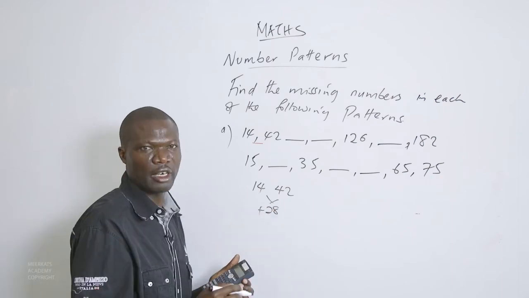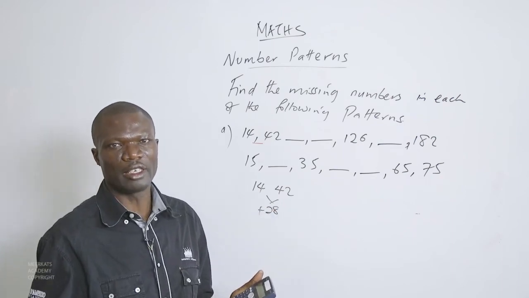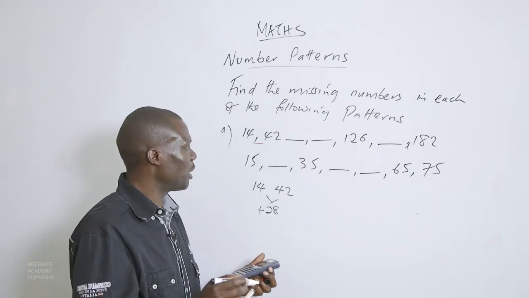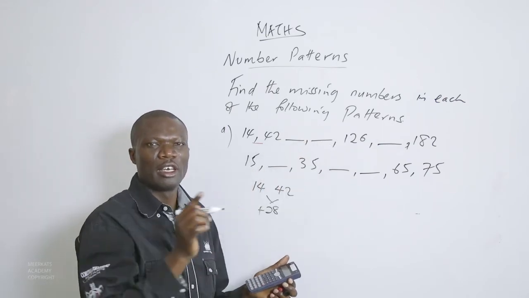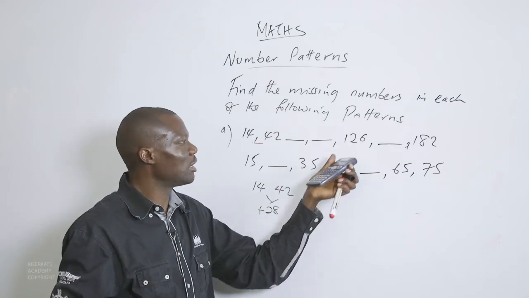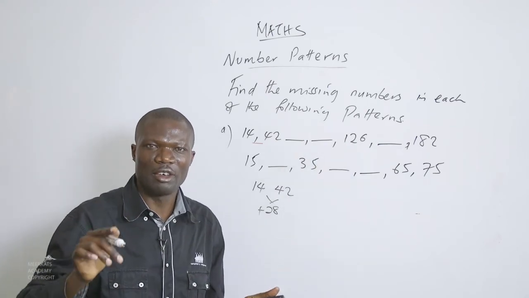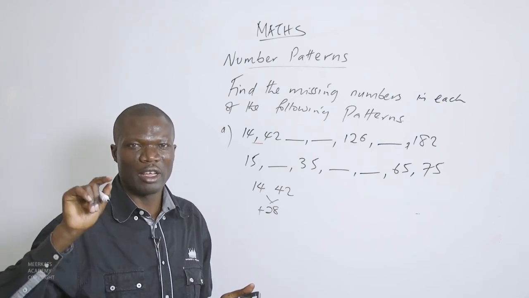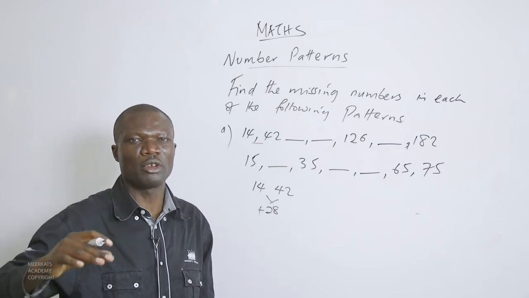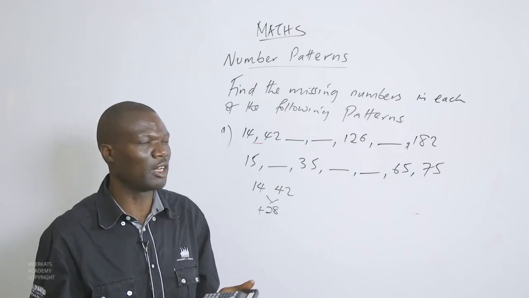So they have added 28. Then, can we find out if we add 28, it is going to give us this term as 26? If it will not give us 26, it means that we have come up with the wrong method of the sequence, so we try a different one.